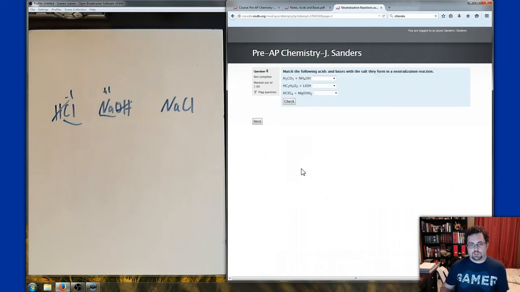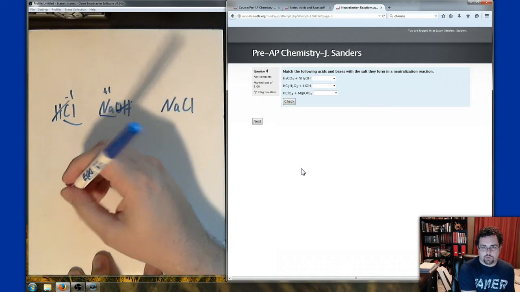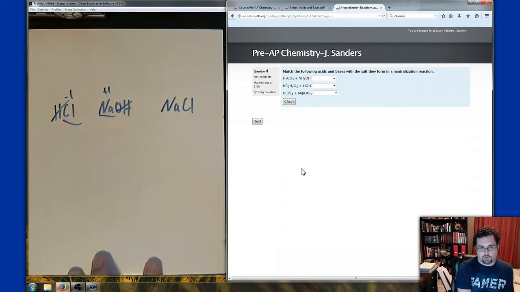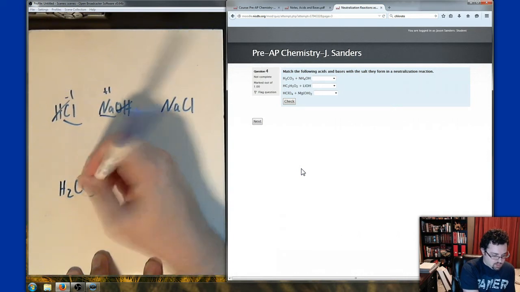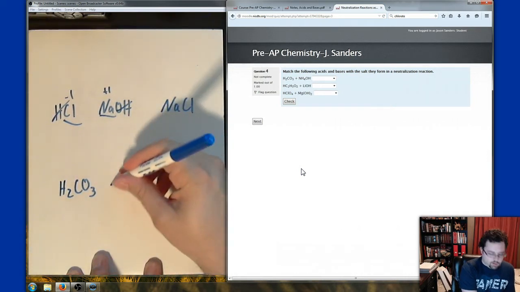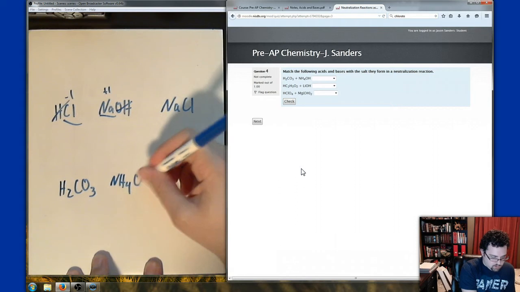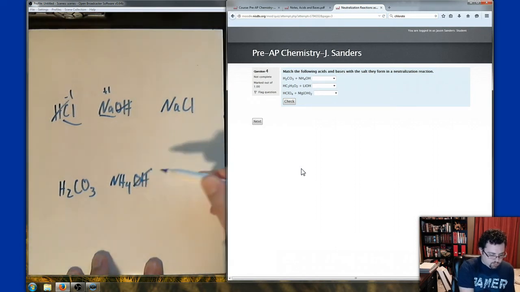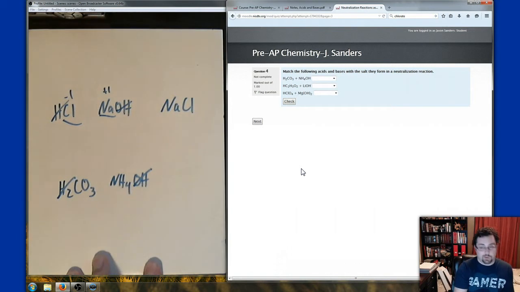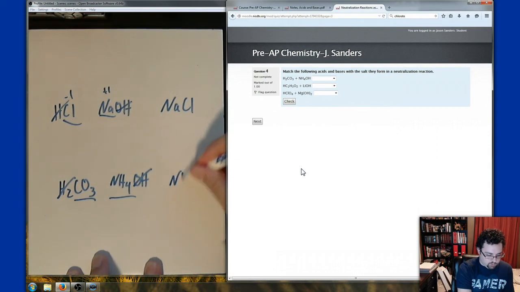On these other pages, you're going to have the acid and the base, and it wants to know what salt they are going to form in a neutralization reaction. So like that top one is H2CO3 and NH4OH, ammonium hydroxide. Like I said a couple times, the hydroxide and the hydrogens are being used to make the water. So this positive ion and this negative ion are going to be used to form the salt.